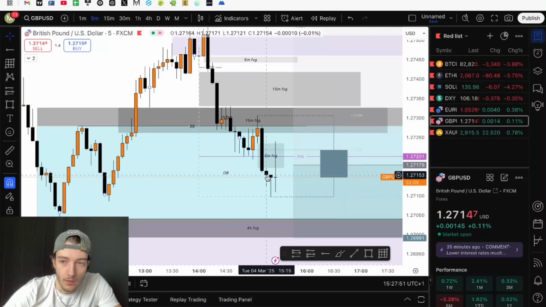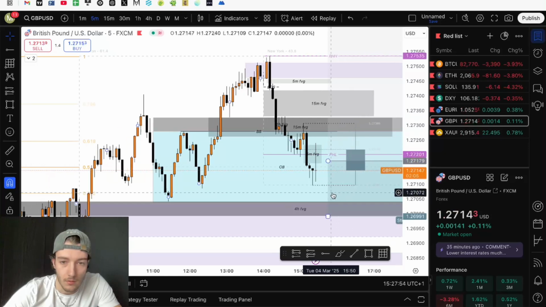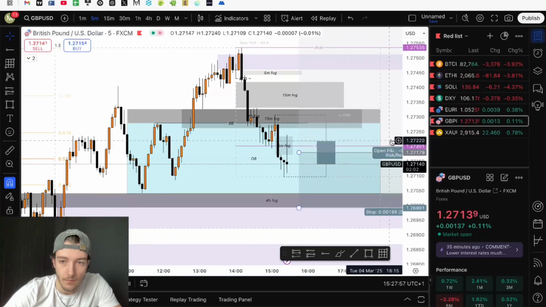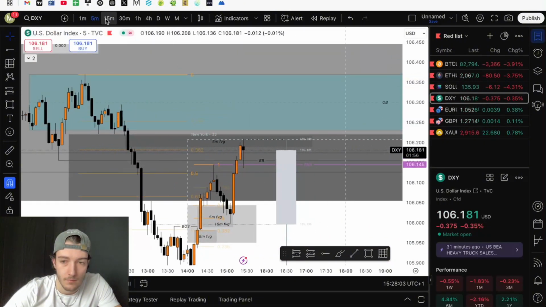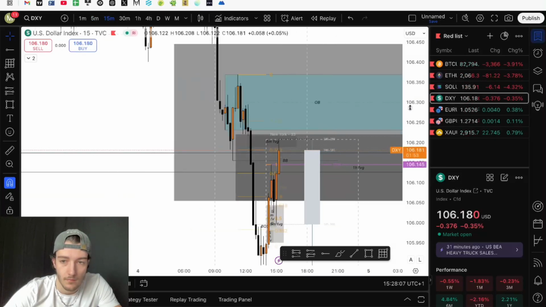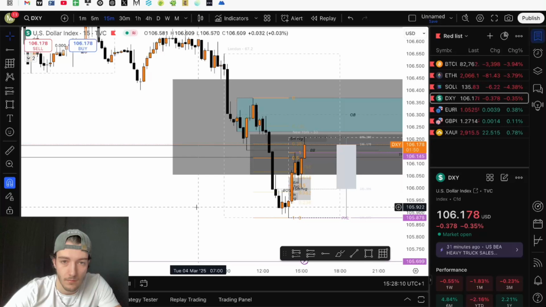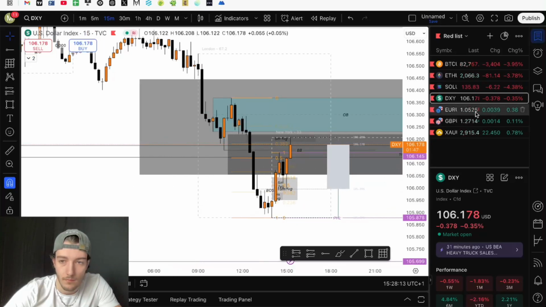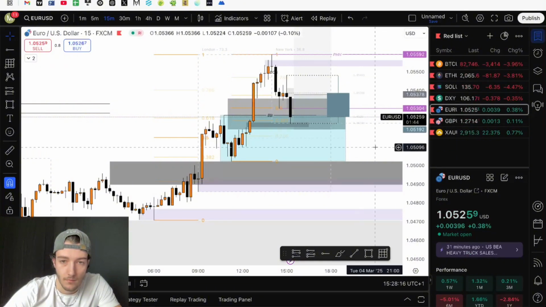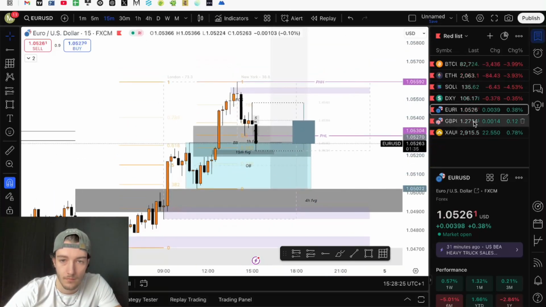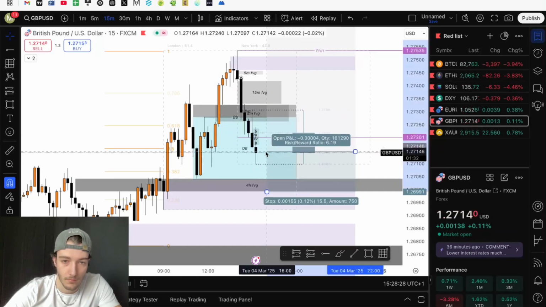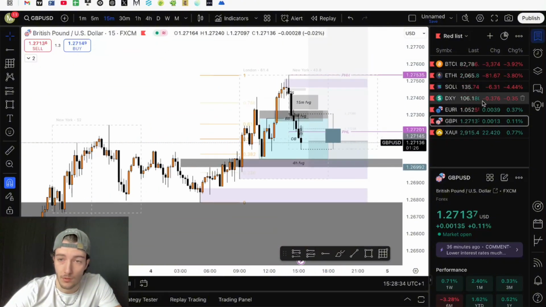Technically we have two here also on GU, but very small. We can get a much better setup on GU so far.